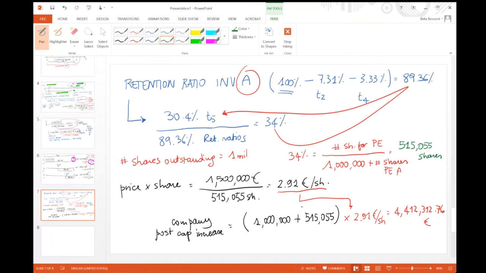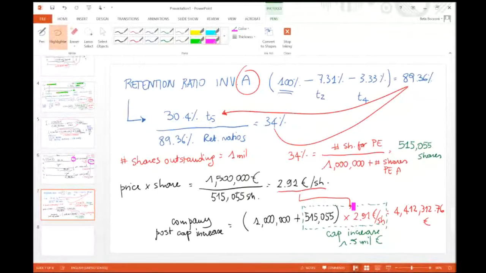And you can split this value into components. Again, the first component is represented exactly by the capital increase, our 1.5 million euro to the private equity investor A, and the second one is instead the implicit value that you can give to the company, to the founder of the company, before the capital increase is launched.